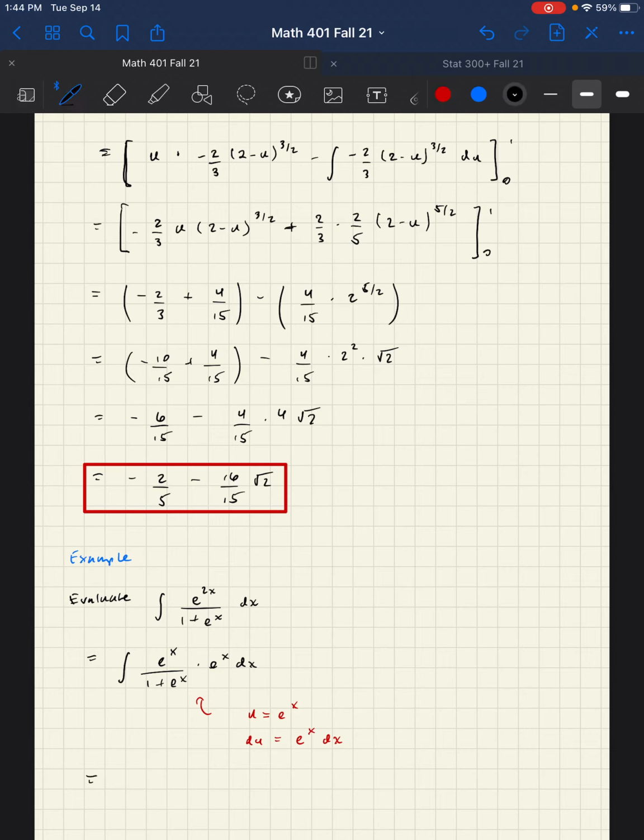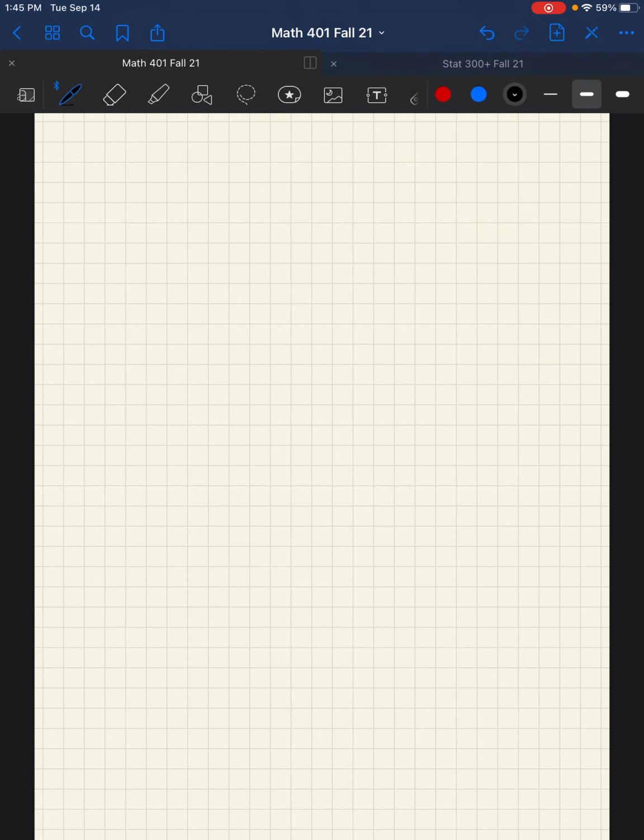we know du is e to the x dx. And so this whole thing becomes u over 1 plus u times du. Now that's rational. But how do we tackle this? We can't perform a substitution yet. There's nothing that we can do with partial fraction decomposition.